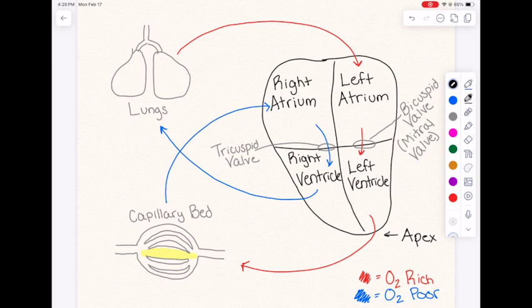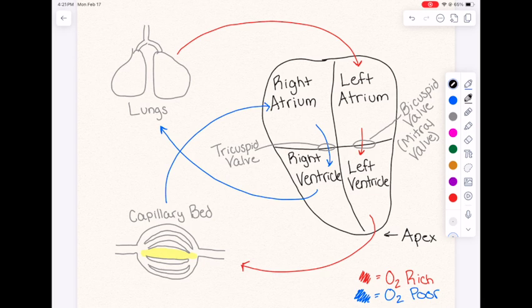When we talked about arteries and veins, we said that all arteries go away from the heart and all veins go towards the heart. We could not say, however, that all arteries carried oxygen-rich blood and that all veins carried oxygen-poor blood. That is due to the 2 exceptions that we have when it comes to vessels to and from the lungs.